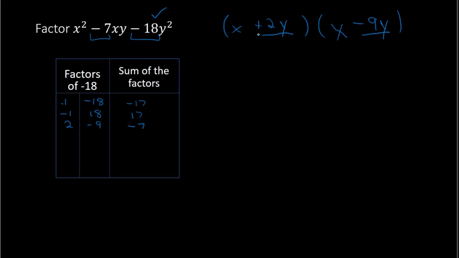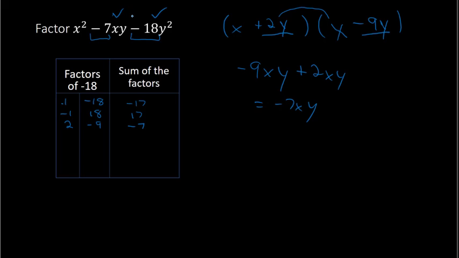And then when I do the inner and the outer, the x times negative 9y, I have negative 9xy, and then the inner 2 times xy, that would add to get negative 7xy, which is what I wanted for that middle term.